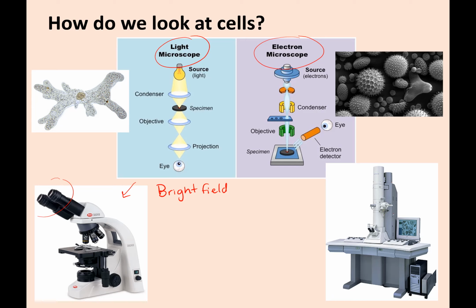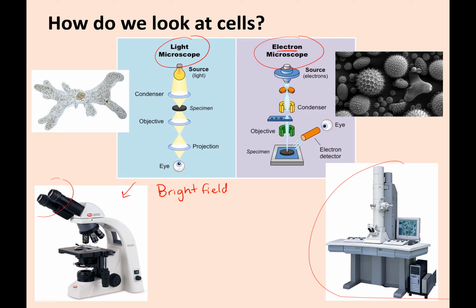Electron microscopes, on the other hand, use electrons to create the image, and so you can magnify things even more. You most likely have not used an electron microscope. It's this big looking machinery, costs hundreds of thousands of dollars, and you have to treat the samples with heavy metals in order to visualize them.